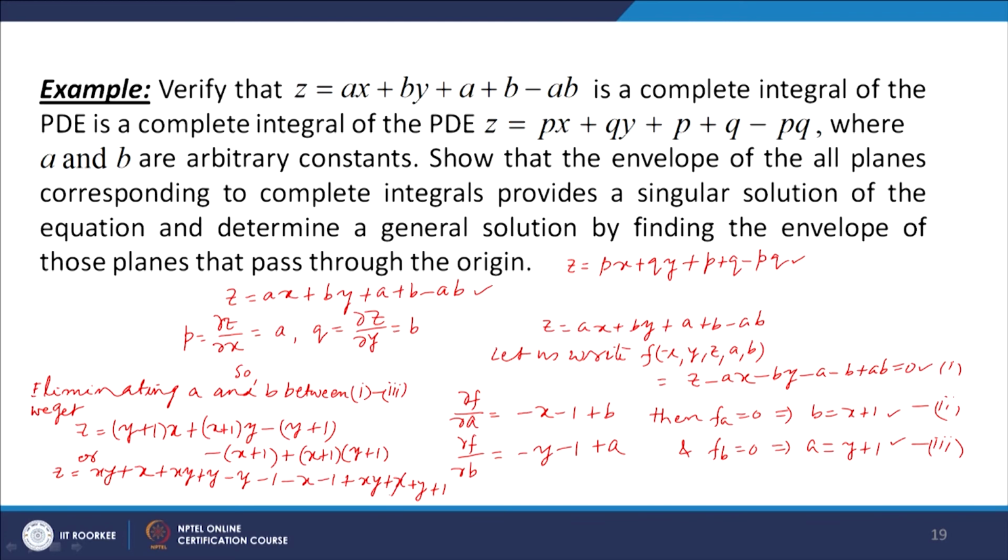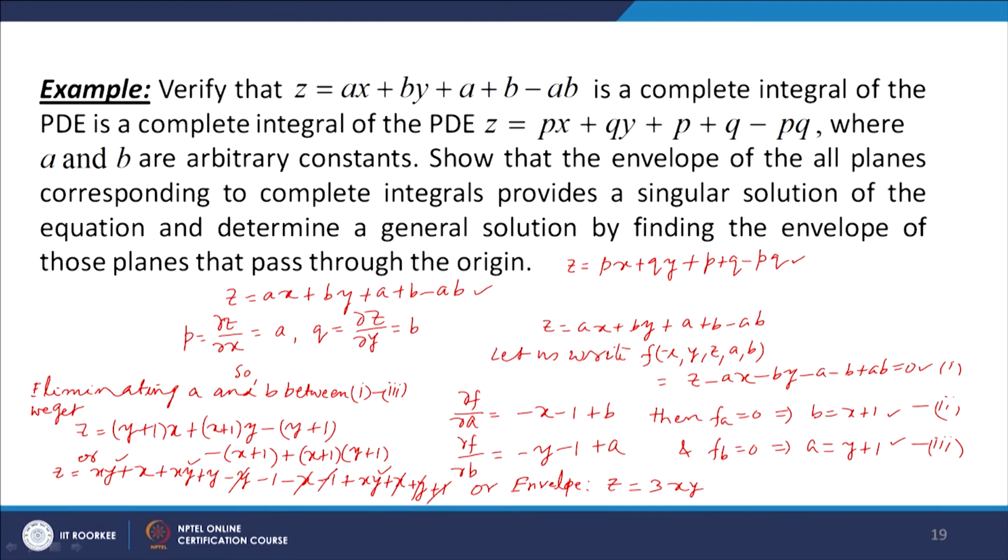So, what we get, this x we can cancel with this x, y we can cancel with this y, and we have the envelope given by z equal to 1 xy, this is 2, this is 3. So, we have 3xy, and then we have x plus y, 1 we can cancel with 1 here.